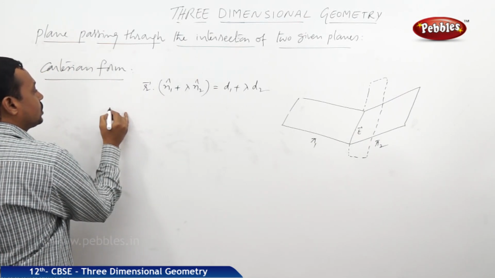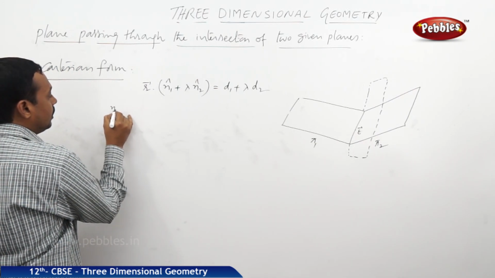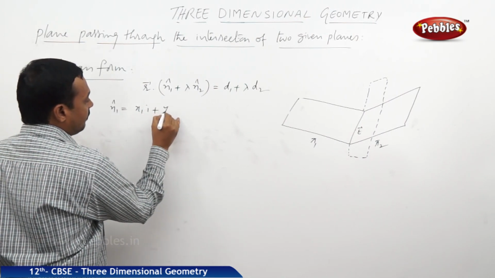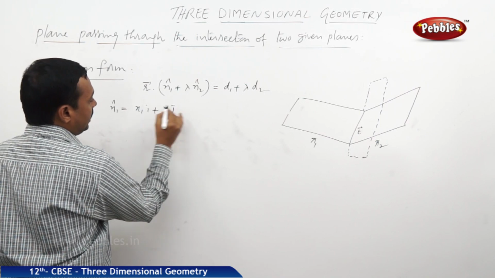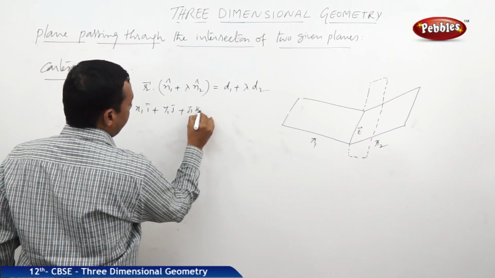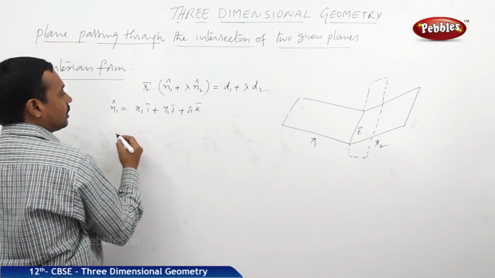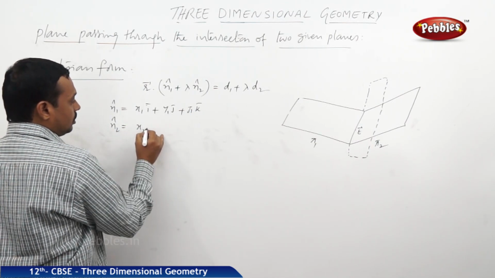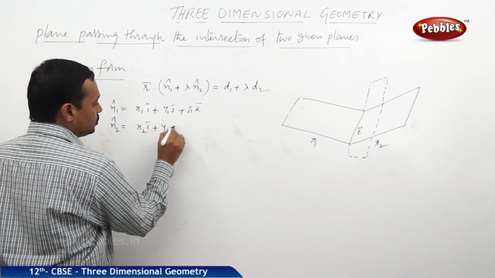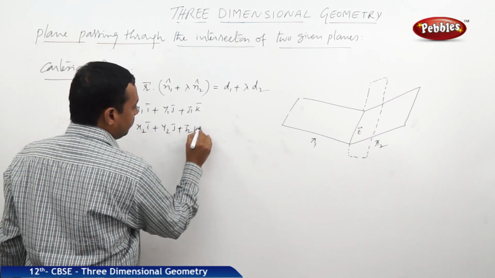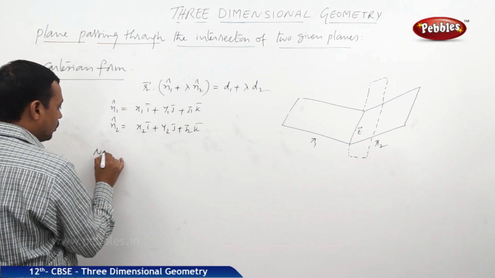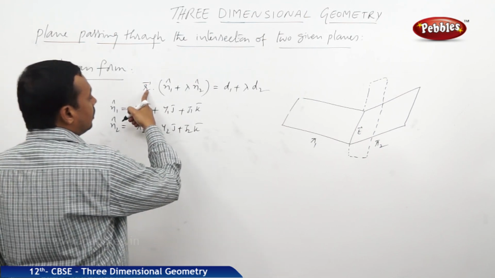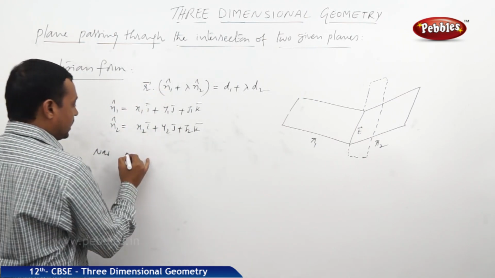To convert into Cartesian form, let n1 cap be the unit vector x1i plus y1j plus z1k, and n2 cap be x2i plus y2j plus z2k. And r bar is a vector of the form xi plus yj plus zk.